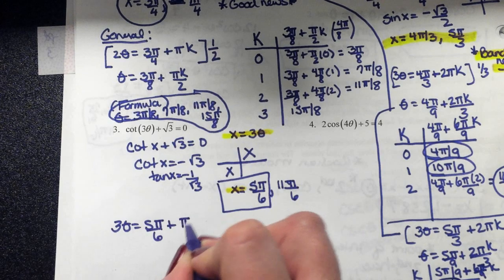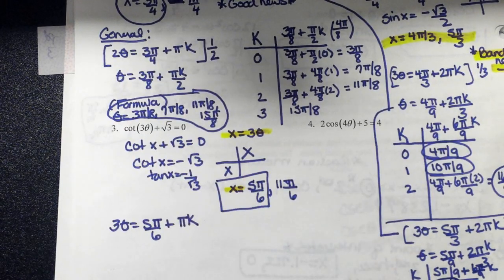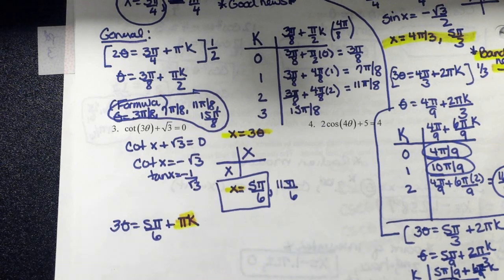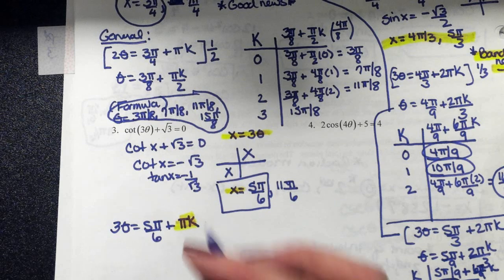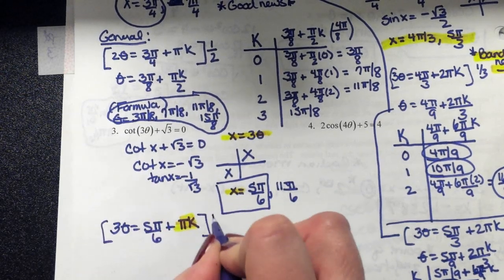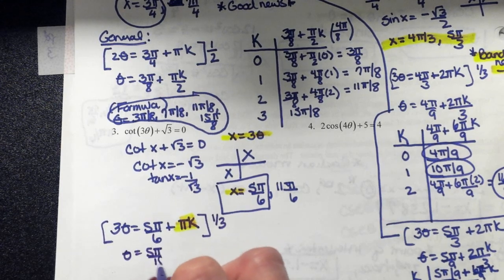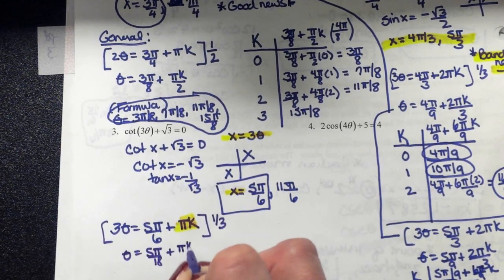Pi k. Remember, tangent and cotangent, it's a pi k. So now to get theta by itself, I'm going to divide by 3 or multiply by 1/3. So theta is going to be equal to 5 pi over 18 plus pi k over 3.